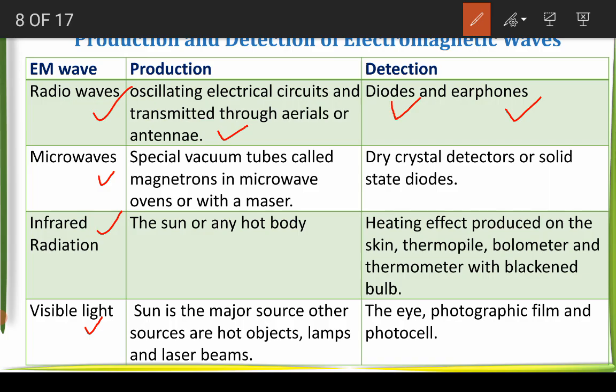Microwaves are produced by special vacuum tubes, which are called magnetrons, in microwave ovens. A microwave oven is a home appliance that is used for cooking, for warming foods and other stuff. All right.